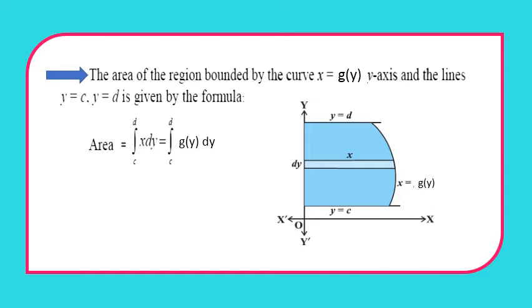And since this rectangle can be from y is equal to c up to y is equal to d, the limit of the integral is from c to d. So the area bounded by the curve x equals g(y), y-axis and the lines y is equal to c and y is equal to d, is given by integral c to d x dy, and then we will replace x by some value of y. So it will become integral c to d g(y) dy. Clear? Pause and note down the points.